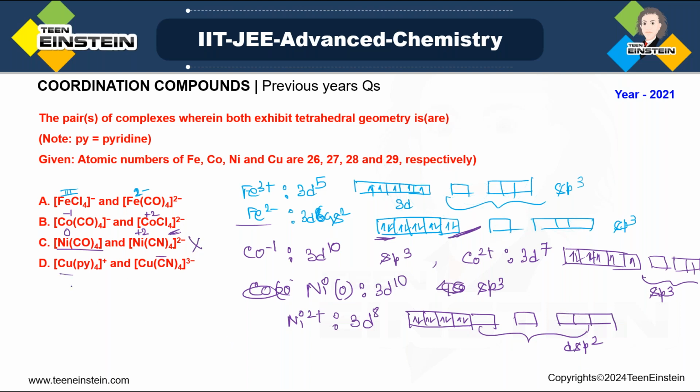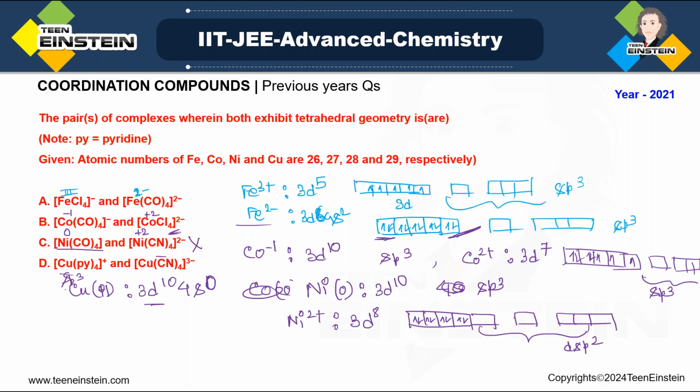Come to the next complex, copper pyridine. Now pyridine ligand, copper with one positive charge. Now when copper is 0, it is basically 3d10 4s1. So when copper is +1 state, it will be 3d10 only. Now 3d10 fully filled, so again sp3 hybridization.